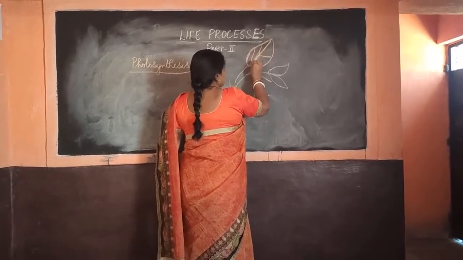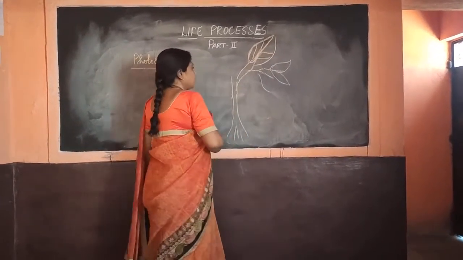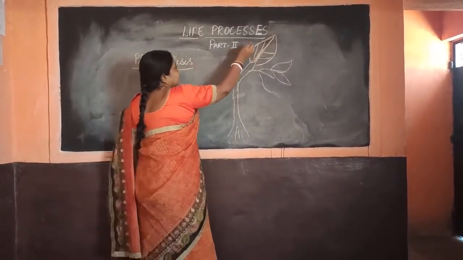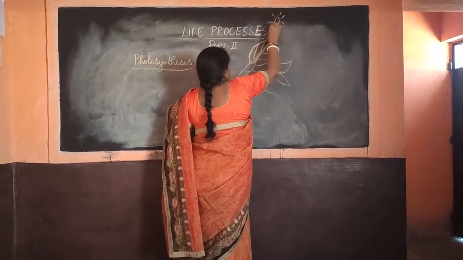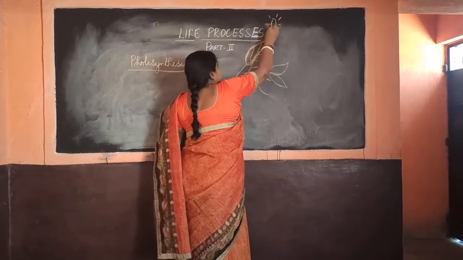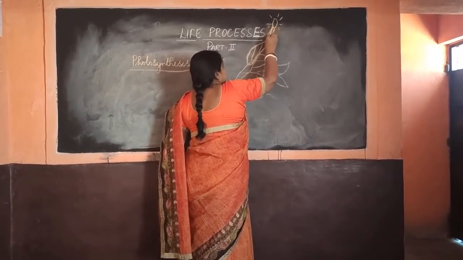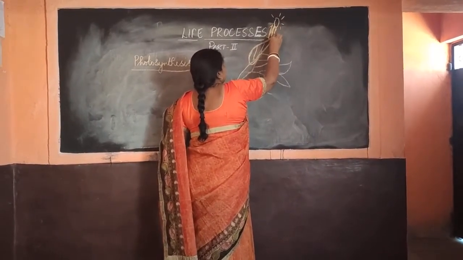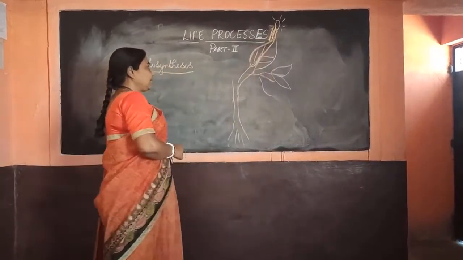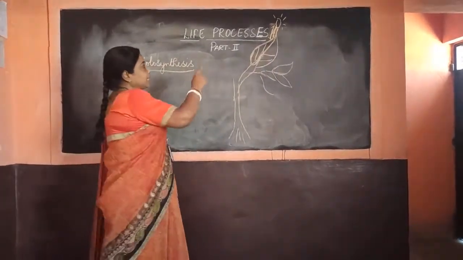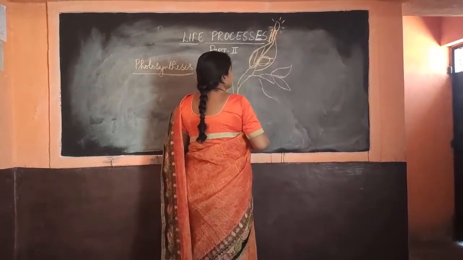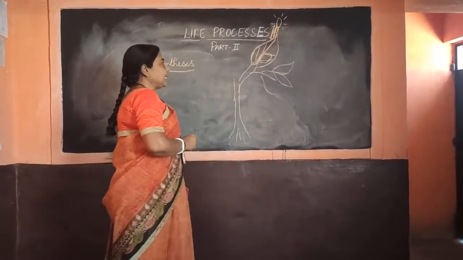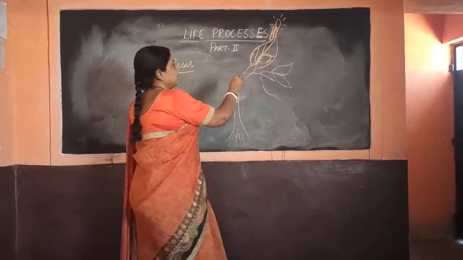So how does this process of photosynthesis go on? This is the sunlight. I'm drawing the sun just right above. What you are going to see, the sun rays are going to fall on the surface of the leaf. So this leaf already has a cell organelle known as chloroplast containing chlorophyll. What does it contain?